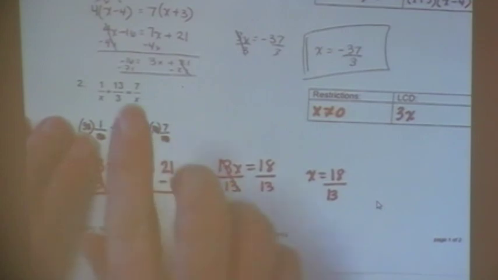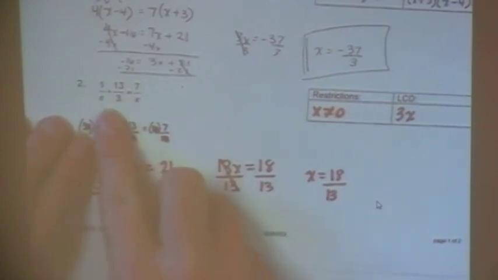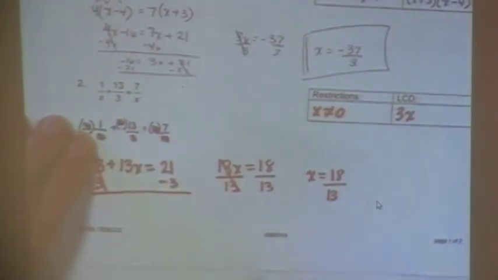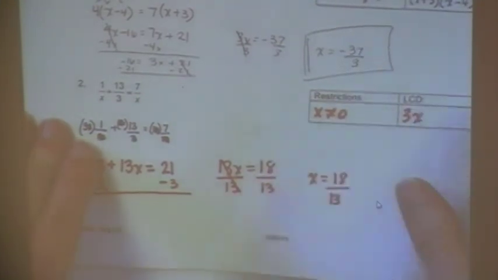But if you wanted to check this, you can plug it in your calculator because your calculator will hold a double fraction. Then you can solve it out and see if you get what's on the other side. It's nice that they do that, and you don't have to fix it yourself. Okay, so I'm going to give you a minute or two to try number 3 and see how you do.